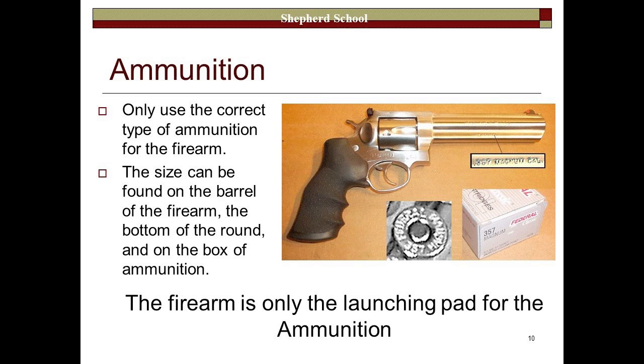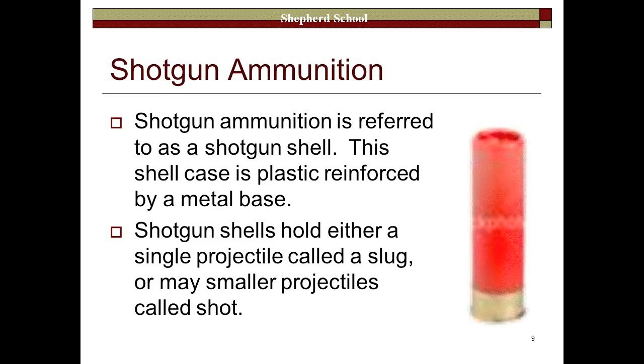It's really important to note that the firearm is only the launching pad for the ammunition. The ammunition is what does the job. People go to Cape Canaveral to see the rockets launch, but they don't go to see the concrete pad. We get caught up in the coolness of the gun, but we forget that it's the ammunition that does the job. Now, both handguns and rifles use cartridge ammunition, but shotguns are a little different.